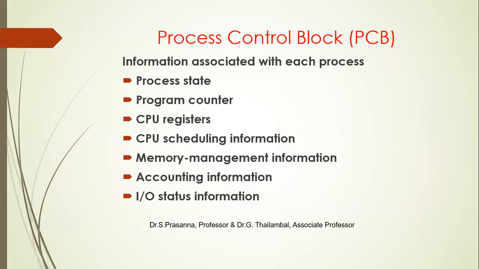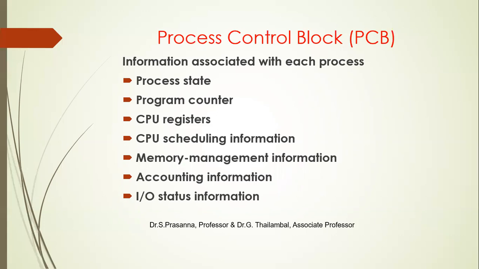Process control block. Information associated with each process: the state of the process, and the program counter. The program counter is nothing but the counter that indicates which line needs to be executed next. Wherever the counter is placed in the program lines, that particular line will be executed.